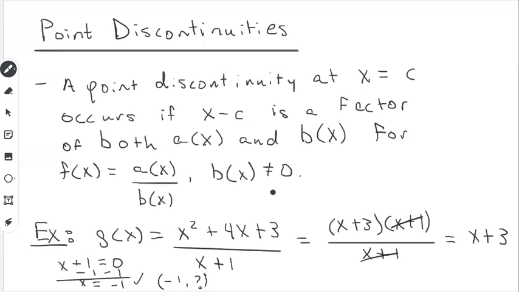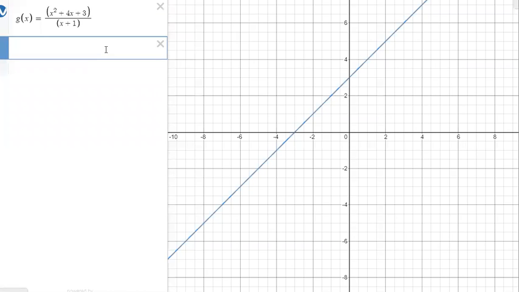So let's see if we can identify this missing point on the graph. Going back to Desmos, I've already graphed my function g of x, and I get a line. What I want to know is, what is the function when the x coordinate is -1? I know that it's going to be 2.